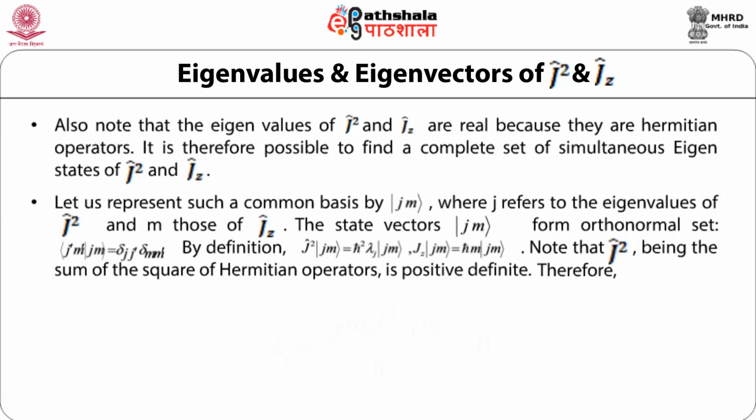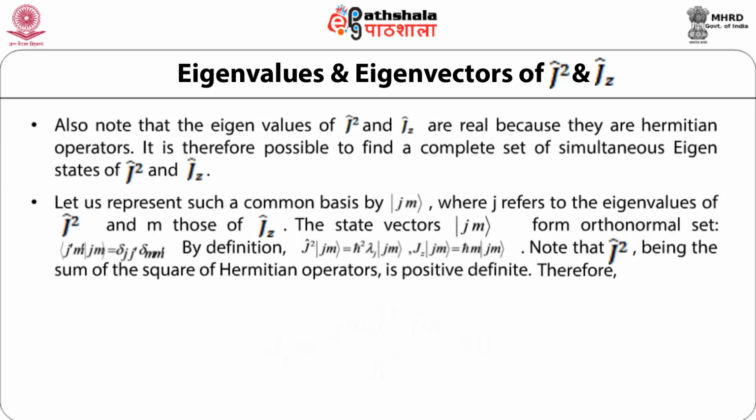Now, the state vectors denoted by the ket |j m> form an orthonormal set, that is, <j' m'|j m> is equal to delta_{j j'} delta_{m m'}, where delta is the Kronecker delta and gives 1 when the indices occurring in the subscript are equal and gives 0 when they are not equal.